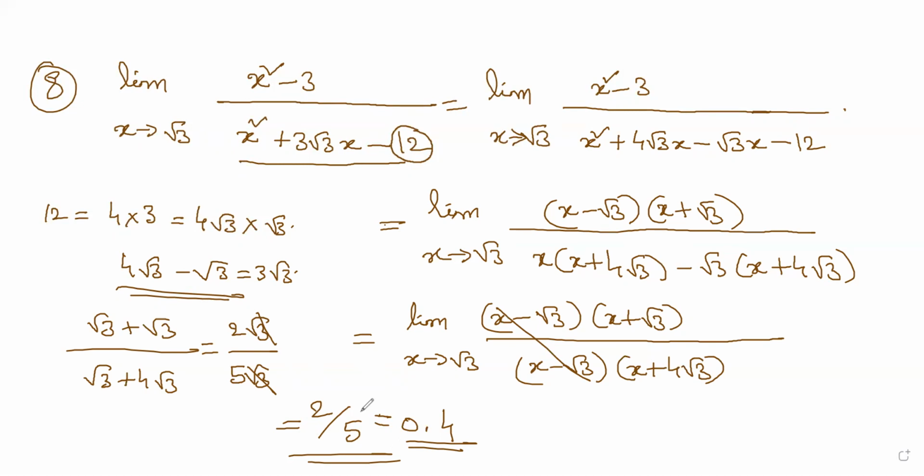Irrational to rational. That's what is called limit. Limit is about the behavior of the function around that particular point. Around root 3, it behaves as a rational function. That's what it says. It looks like an irrational function, but it behaved like a rational function at the end, because root 3 is there.